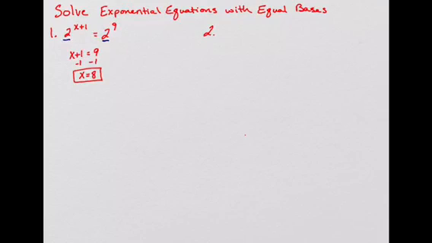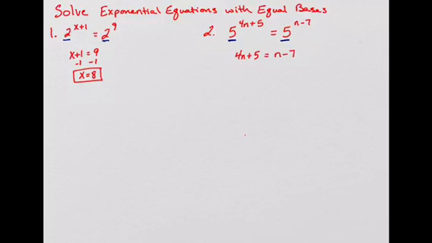So for example number 2, we have 5 to the 4n plus 5 equals 5 to the n minus 7. Now, because both of these have 5 as the base, that means in order for this equation to be equal, the exponents have to be equal. So I'll say 4n plus 5 has to equal n minus 7.